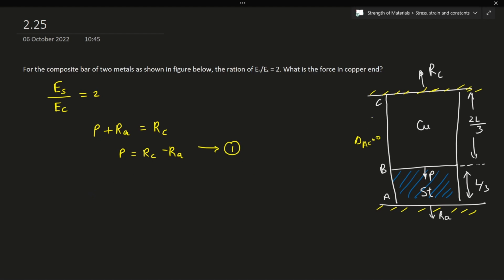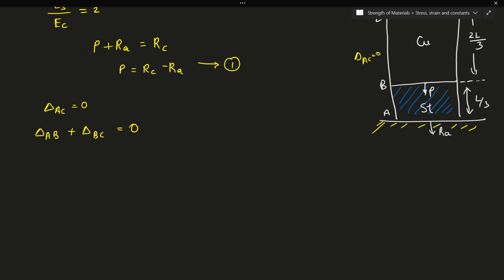Now if the end C and end A are fixed, the total elongation delta AC will be equal to 0. I can split up delta AC as delta AB plus delta BC equal to 0. The point of application of load is at B in the downward direction, meaning that AB is getting compressed and BC is getting elongated.